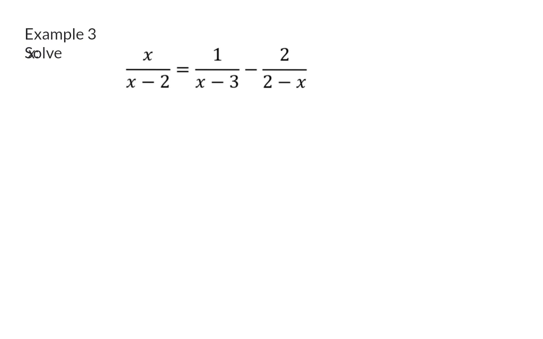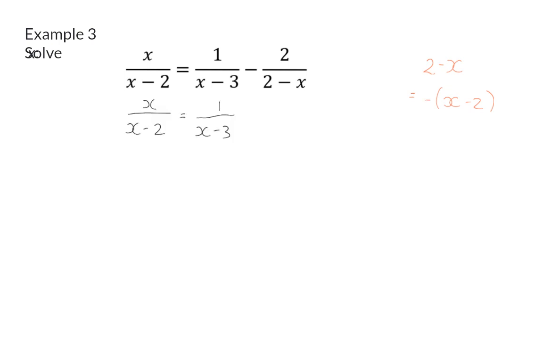In example 3, again, we have fractions, but this time none of the denominators can be factorized any further. It is, however, important to recognize that the last denominator of 2 minus x is very similar to the first denominator of x minus 2. We can then manipulate this in algebra to change the x to positive and the 2 to a negative by taking out a minus.